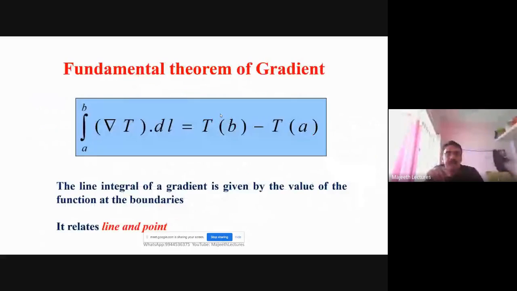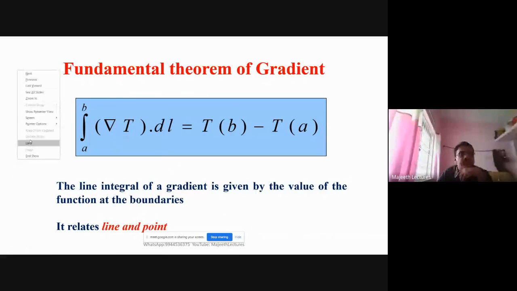Now we have to understand the fundamental theorem of gradient. This is called the fundamental theorem of gradient. This is a very, very important theorem. Fine. Here you see, integral from A to B of del T dot dl equals Tb minus Ta. What it is indicating, first thing you understand from this equation is, here it varies from A to B, the integral.